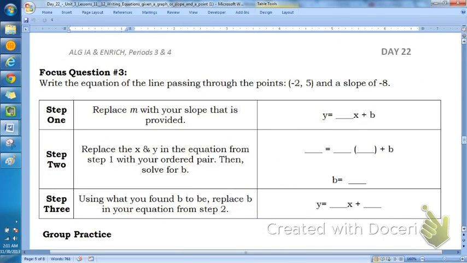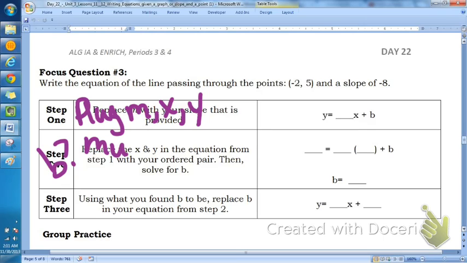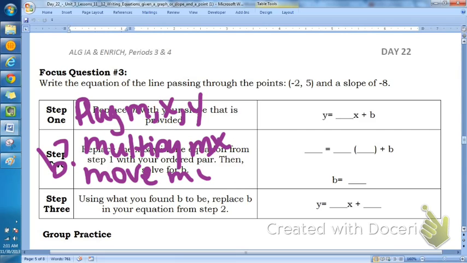Okay, last example problem before I let you practice these on your own. Again, I'm going to rewrite these 3 steps. My first step, plug m, x, and y in. My second step would be to find out what b is equal to by multiplying m and x together, and then I need to move my m and x together so that I can get b by itself.